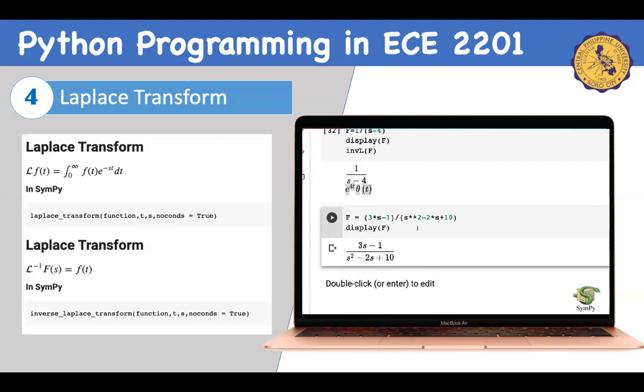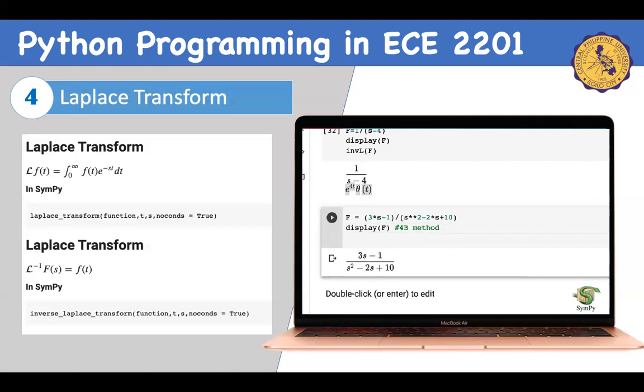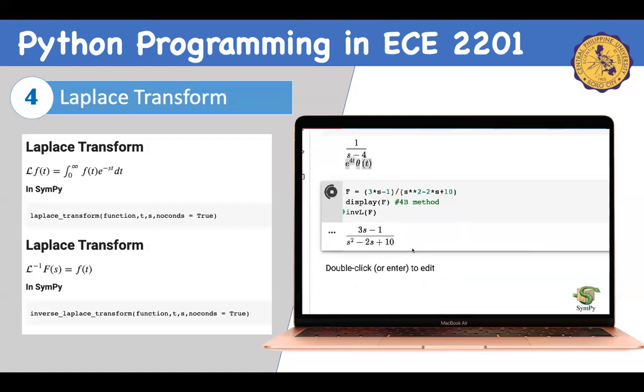So can you still recall your buka-buka and bika-bika binastos method? This is the buka-buka, bika-bika method, or shall we say the divide and conquer method. Okay, this is the inverse Laplace transform.